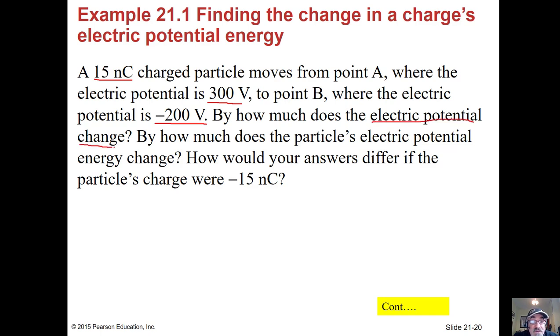Think of it as voltage, and the units of voltage are volts. How much does the particle's electrical potential energy change? This is different. This is electrical potential energy, measured in joules. Electrical potential, or voltage, is measured in volts. And then how would your answer differ if the particle's charge were negative 15?